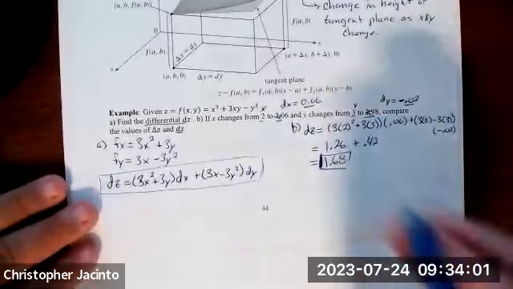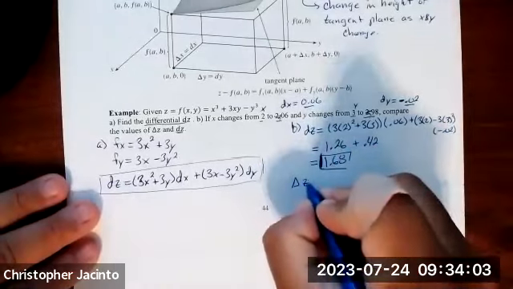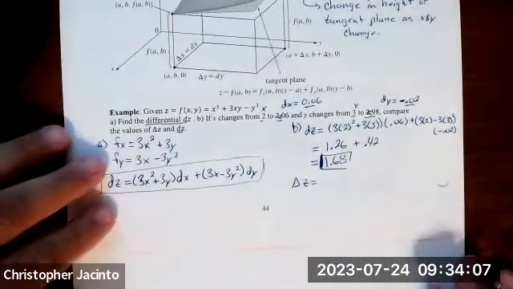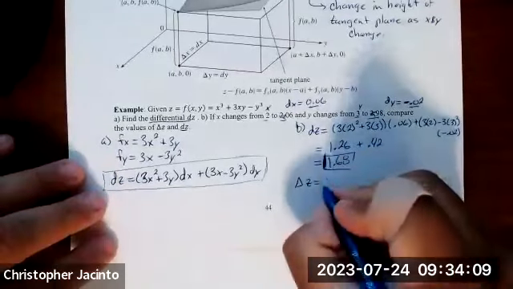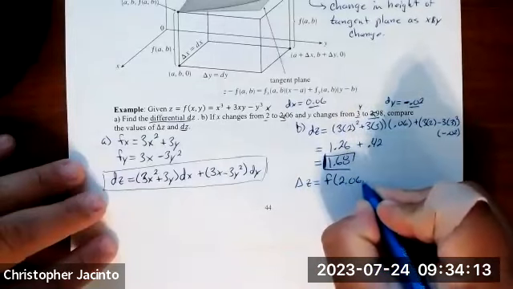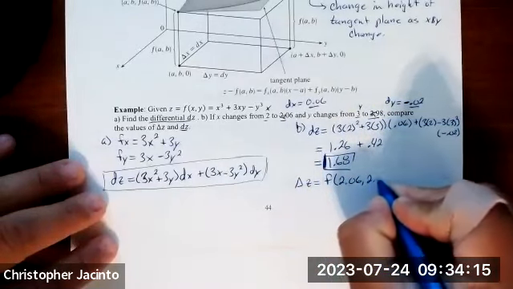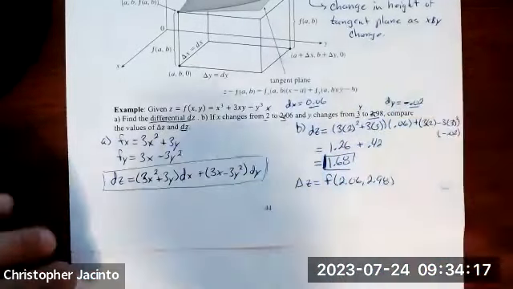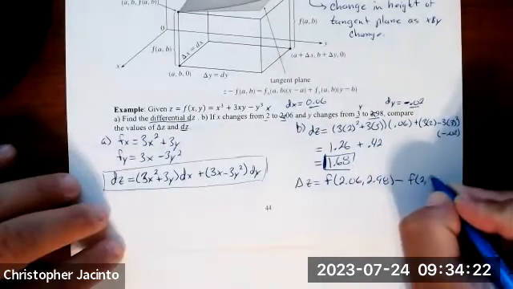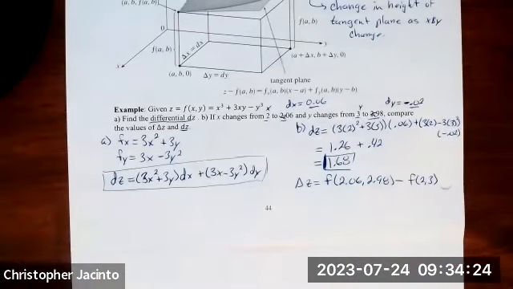So now it tells us to compare it to dz, or change of z. Okay. So remember, what that means is all I'm doing is finding the change from one point to the other point. That's what we're doing.